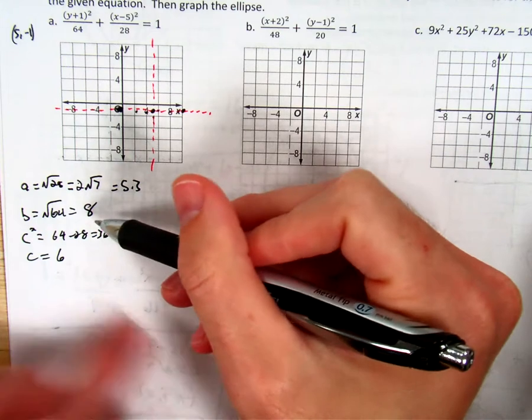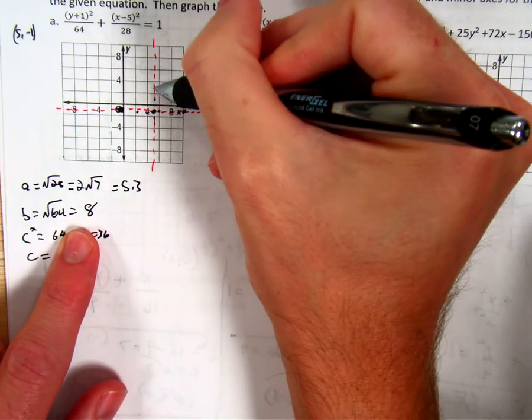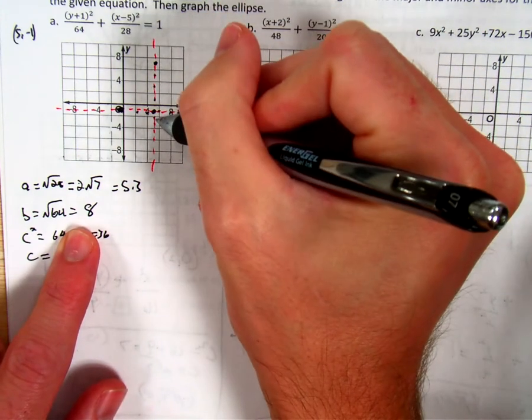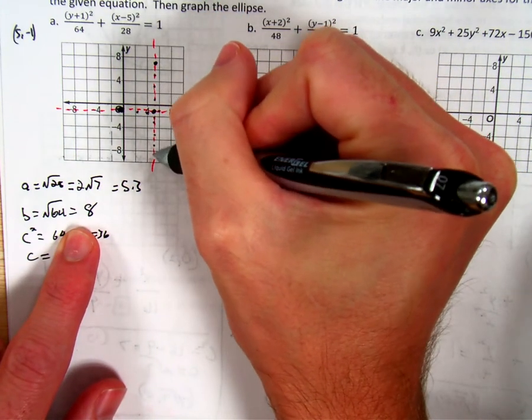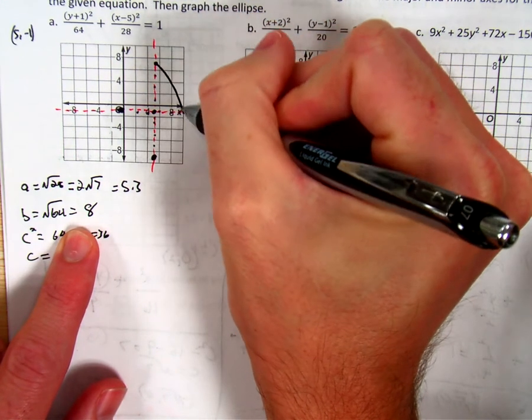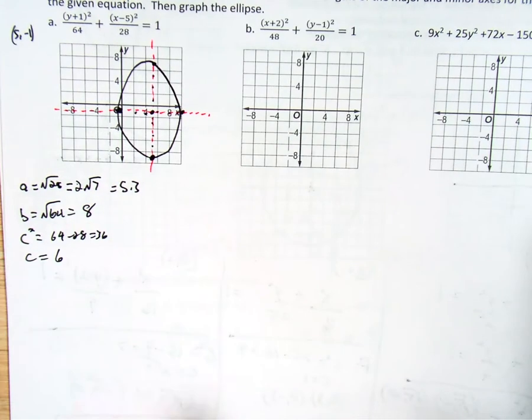Alright, my B is 8. So we're going to go 2, 4, 6, 8, staying in the middle. We can kind of round that out. I know I had almost a perfect one yesterday. Not my best, but still not too bad.